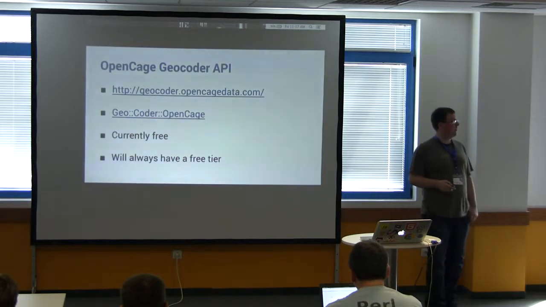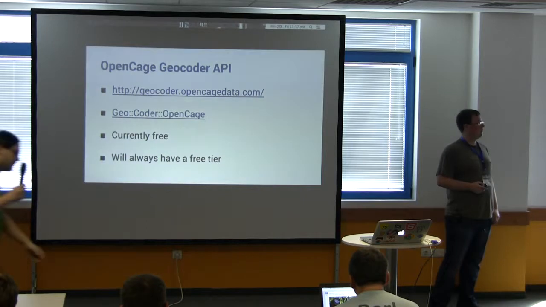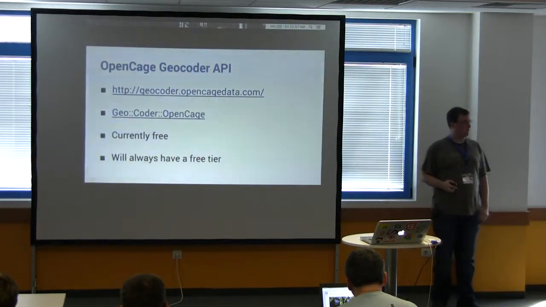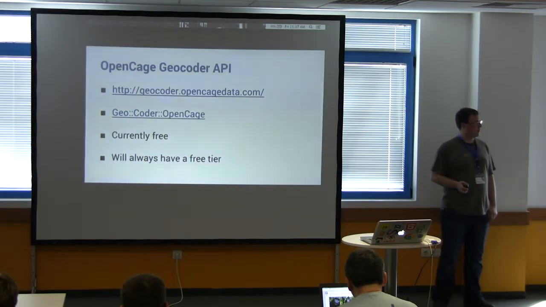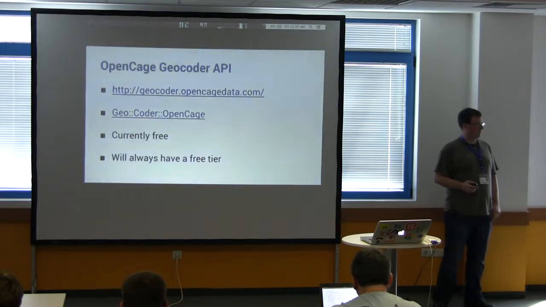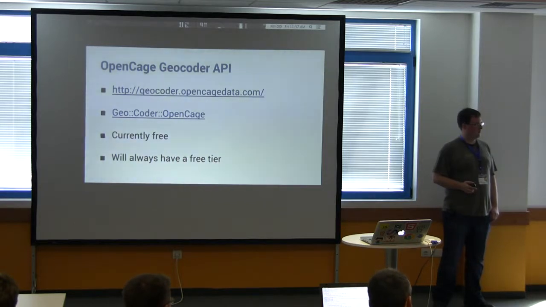I'm wondering, are you giving any feedback when you find out that certain data set, for example, the Yahoo service gives you a number of results and OpenStreetMap does not?